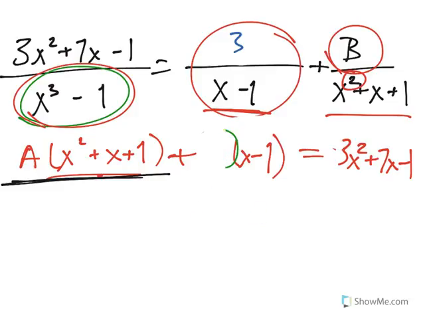So here we have bx plus c. Now we'll find what this is. Here, if we make x equal to 0, we successfully get rid of b.